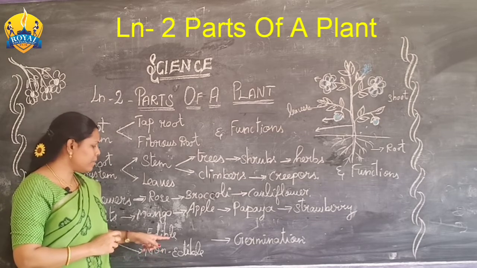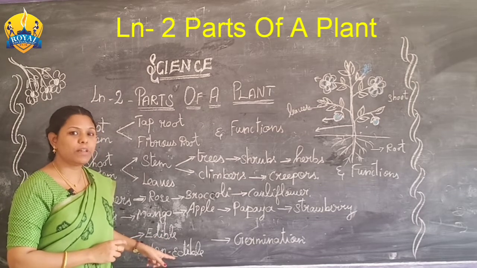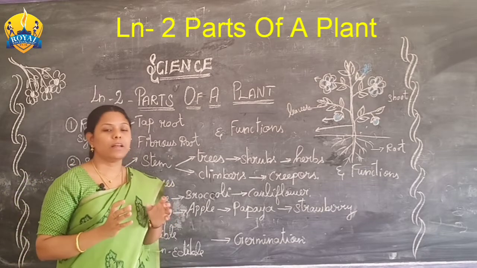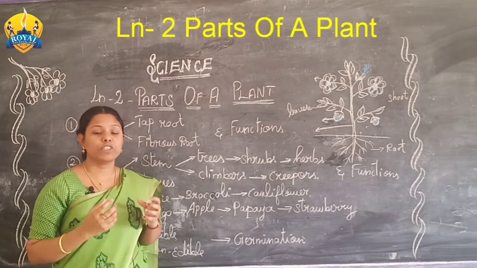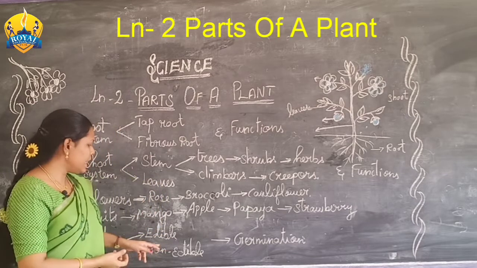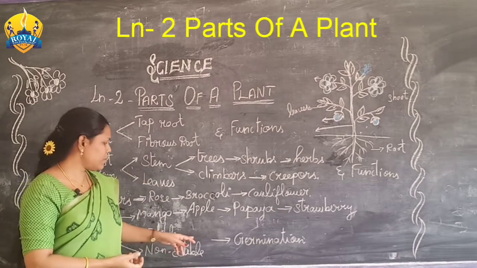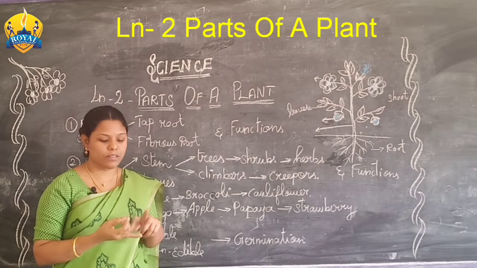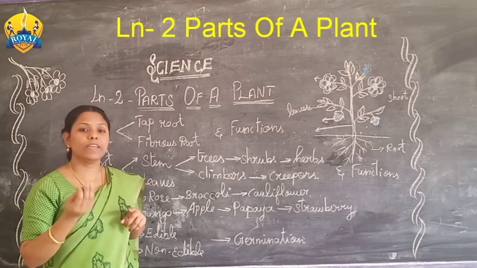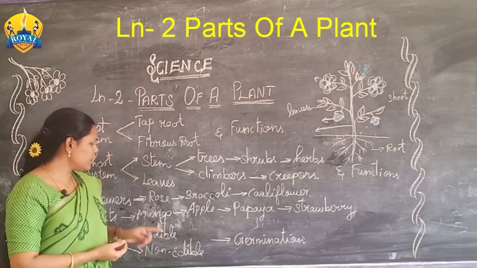What are edible seeds? Edible seeds are the seeds which we eat, which we use as food. For example, rice grains, wheat grains and nuts are the seeds we eat as food. So these are the edible seeds.